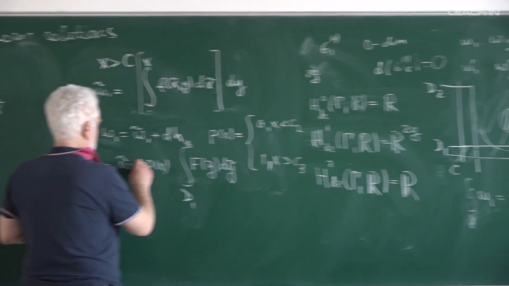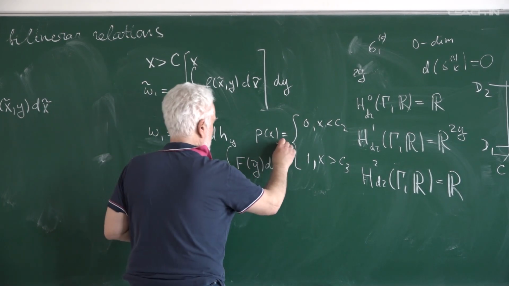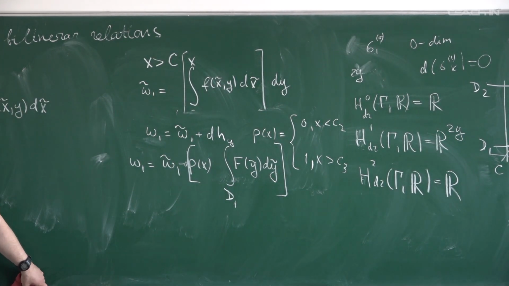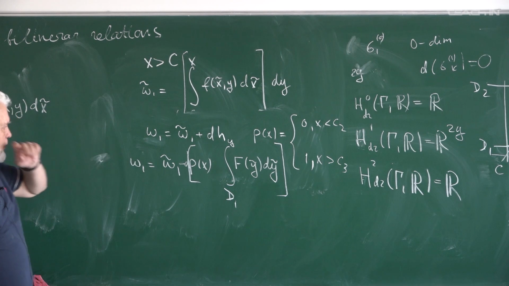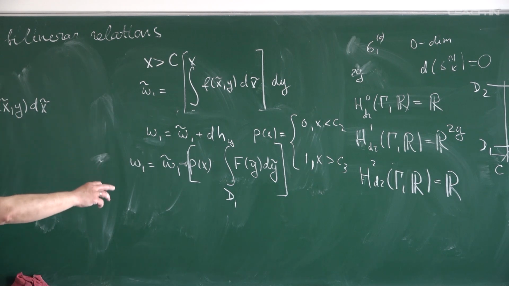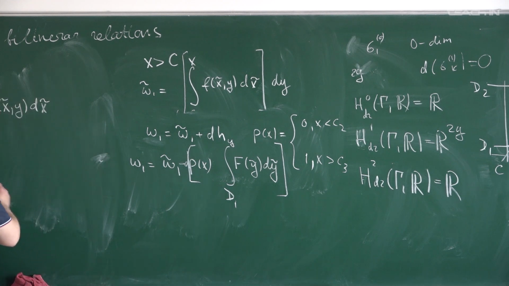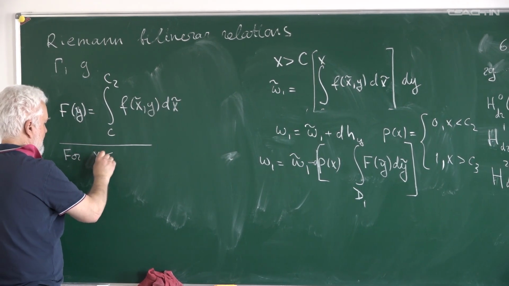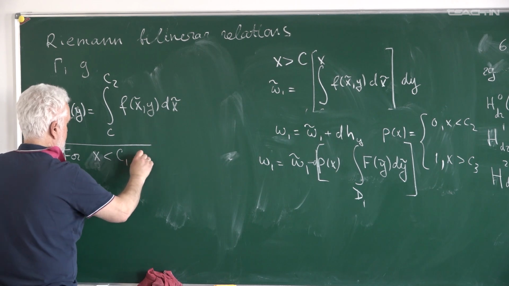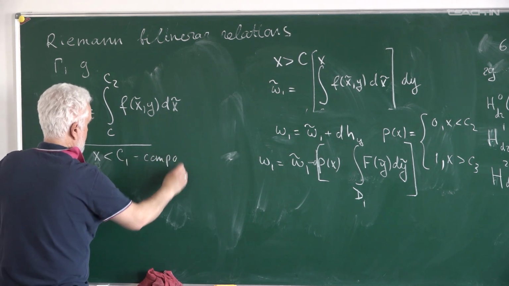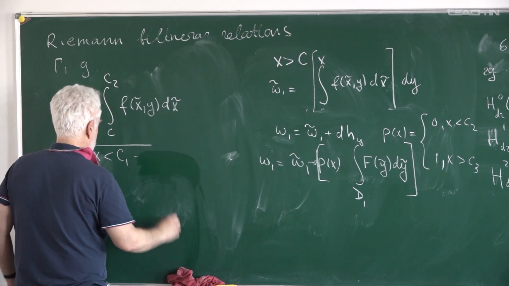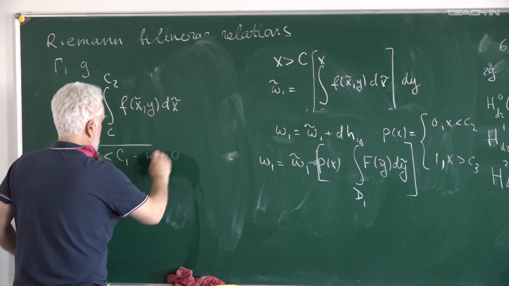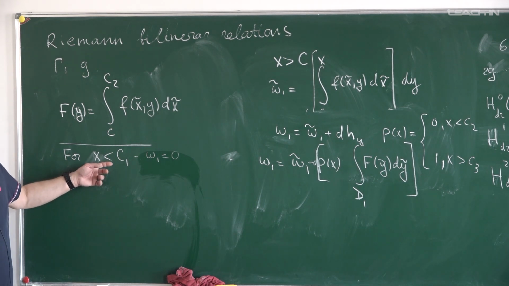Minus the differential of this object. You see. What happens? Let's calculate d omega 0. First of all, you see, for x smaller than C1 it is equal to 0 by construction.